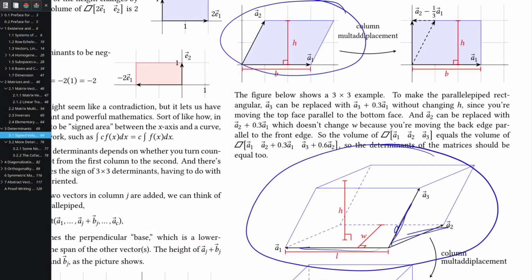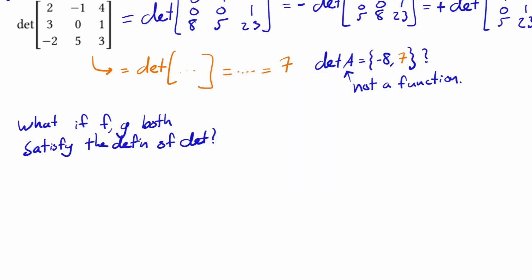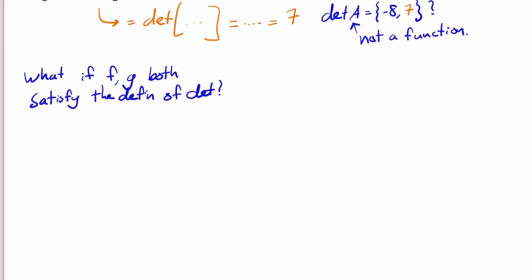But how do we know the same thing is true in, like, R12? Like, what if you take f of B, and B is like some 12 by 12 matrix, and you get, I don't know, 20, and then you do g of B and you get something different.